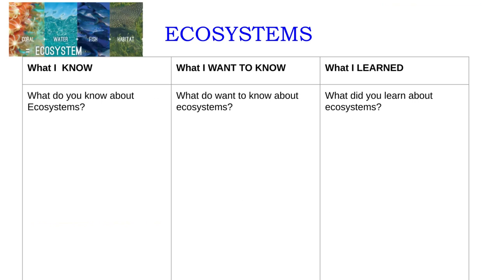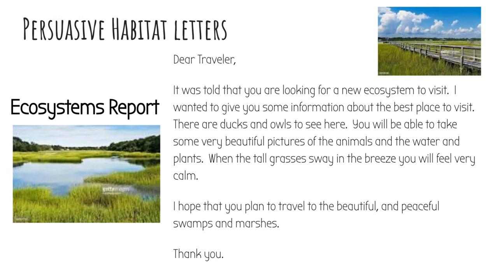So when you get something like the swamp, you're maybe a little less than enthusiastic about it. But they had to then convince their reader why their ecosystem is the best and why they should be visiting that ecosystem. So here's an example of a student's persuasive letter they had to write.